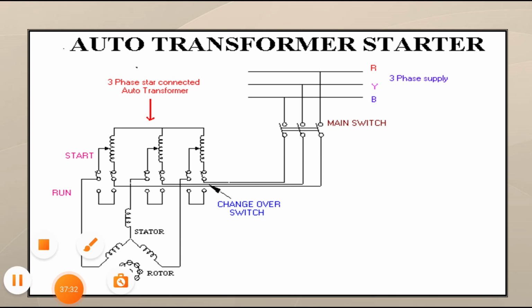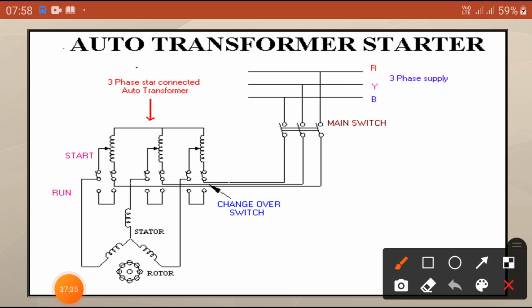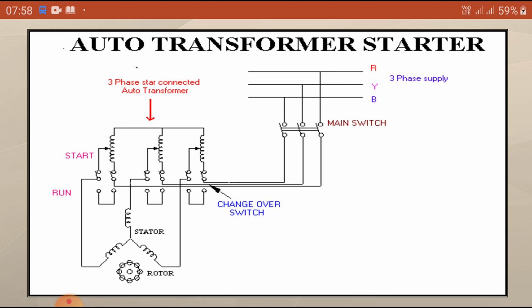Let us see the operation of this one. What is the operation? Already you know that. Initially, suppose the motor's R phase, Y phase, B phase is connected here, and one terminal is connected here, another terminal is connected here. We will see that in our diagram.